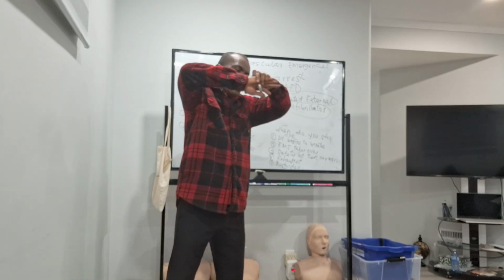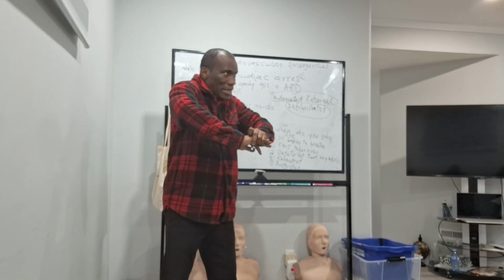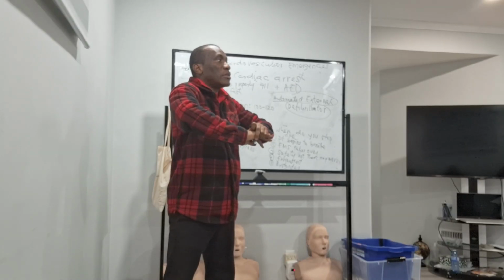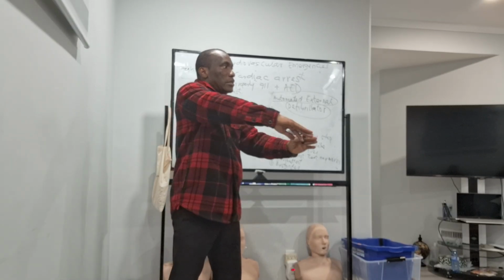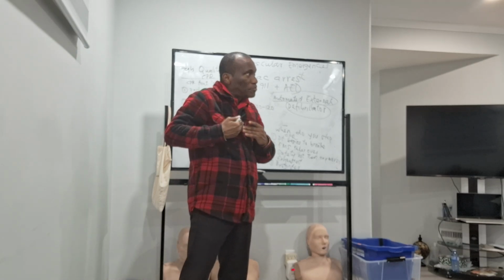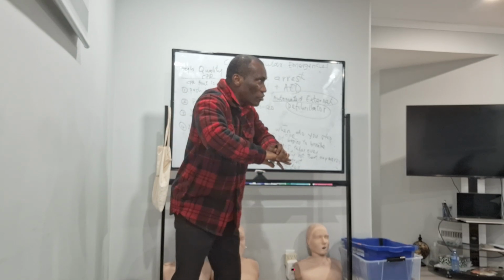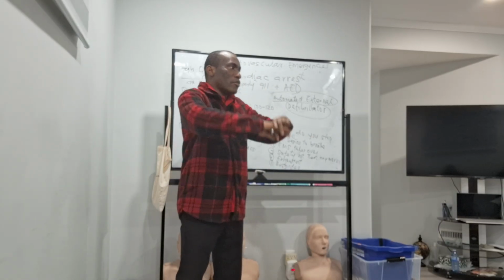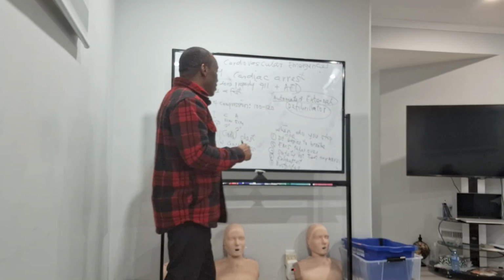When you compress, that is systolic. So you have to allow the chest to recoil before you push again. Why do you allow it to recoil? So that blood will return to the heart. Remember, diastolic is when blood flows back. If you keep pushing and you're not allowing blood to flow back, you're wasting the person's chance of survival. So when you compress, you pause, and then you push again. We're going to practice together.